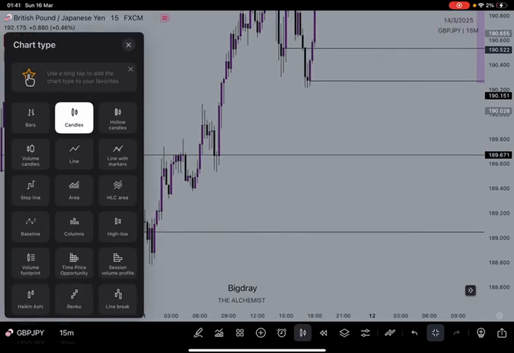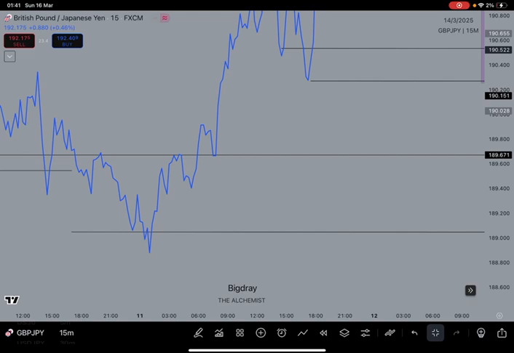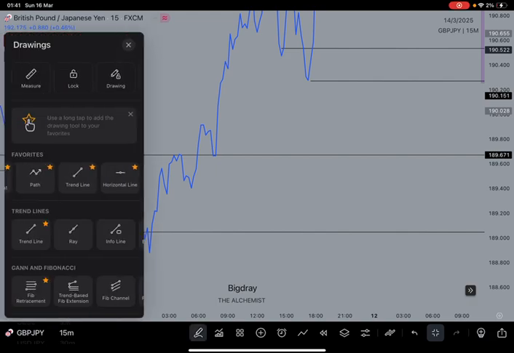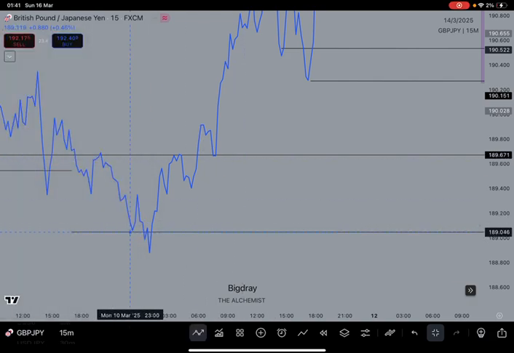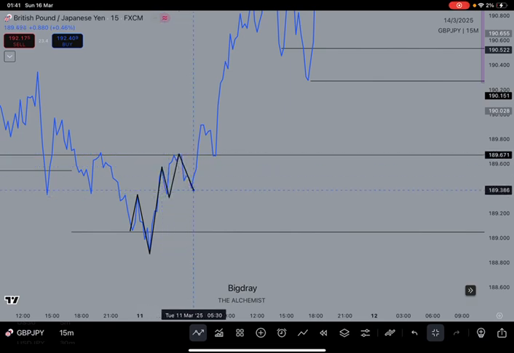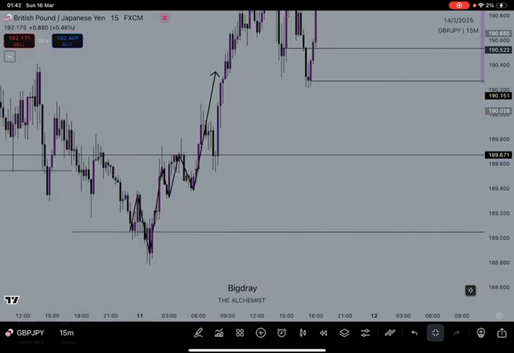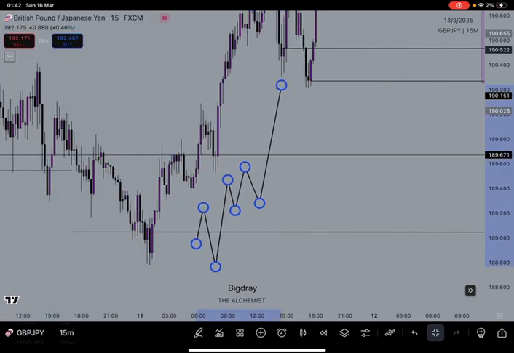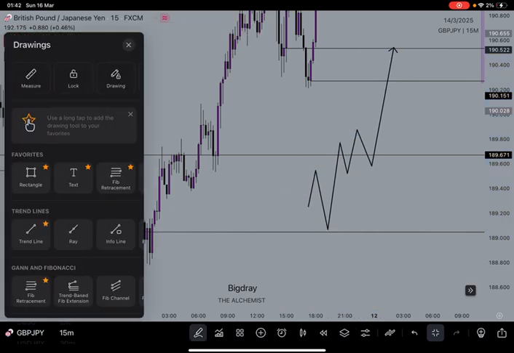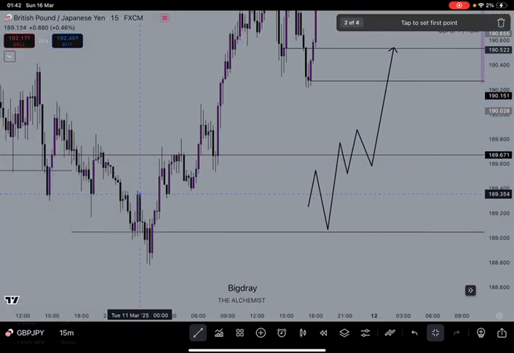If I change to line right here, the resistance sweep, breaking here, came back and moved. You can see where did the market touch now? The market touched the resistance that was broken.